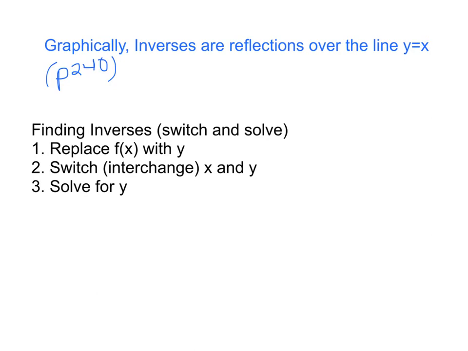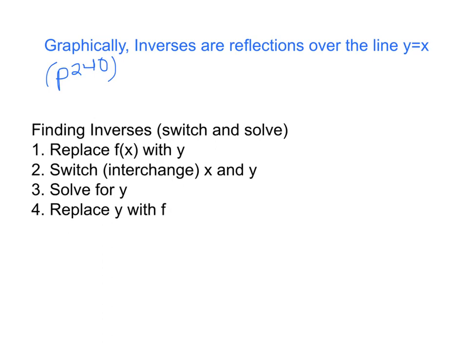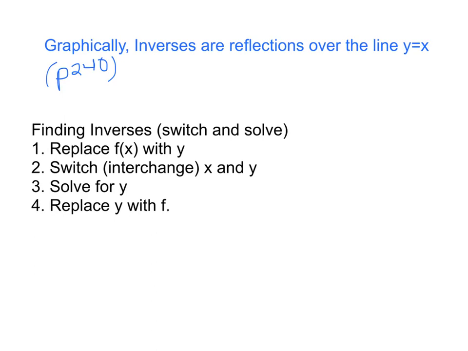And then the last thing that we do is replace y with the function notation, our inverse notation. So we replace y with f inverse of x. And the last thing we really should do is verify domain and range.